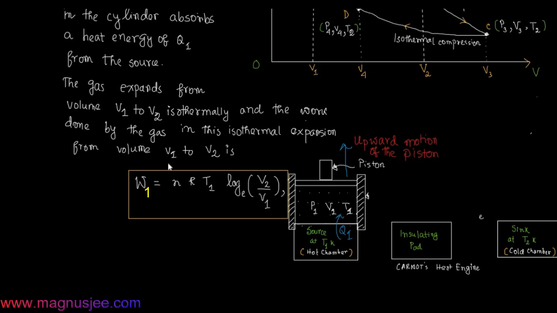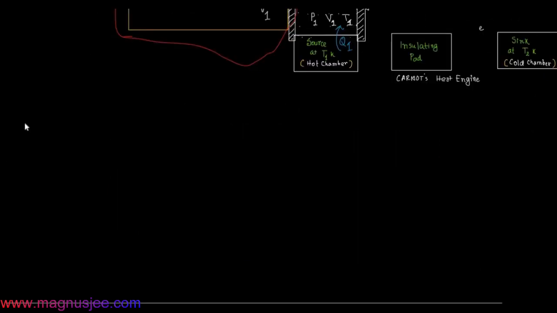Work done in this isothermal expansion from the point A to B is W1, which is equal to nRT1 log base e V2 divided by V1, where V2 is the final volume of the gas at the point B and V1 is the initial volume of the gas at the point A.